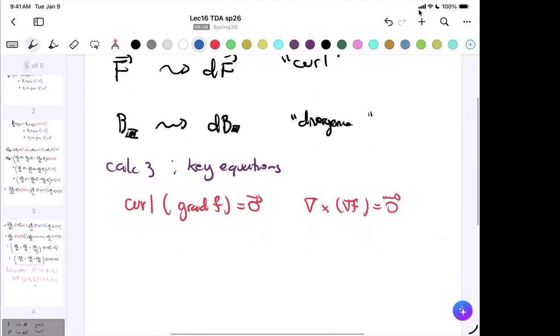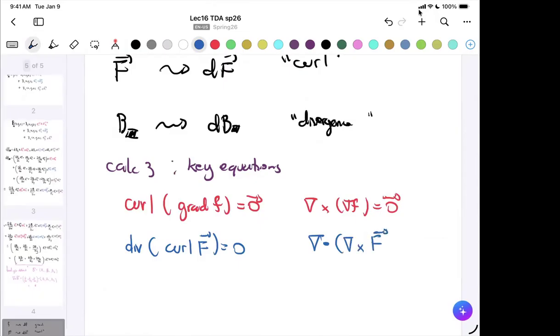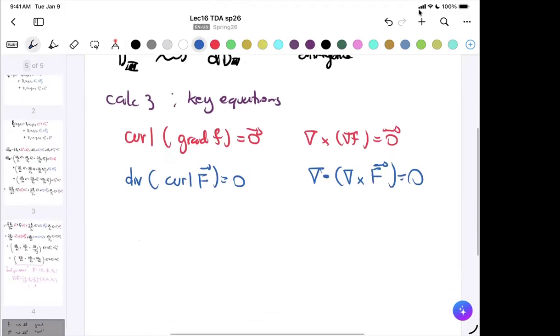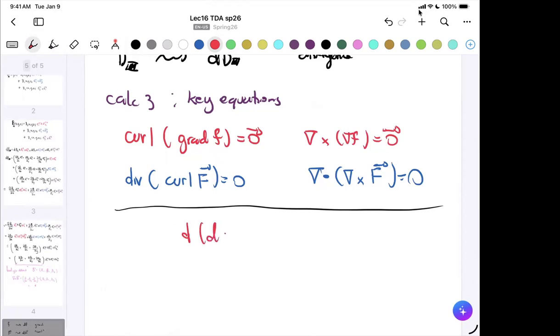And then the other key identity in Calc 3 is that the divergence of the curl of a vector also vanishes, which you would write this way. The idea is that in our versions with these exterior derivatives, this is just saying the d of f equals zero, because everything becomes d.